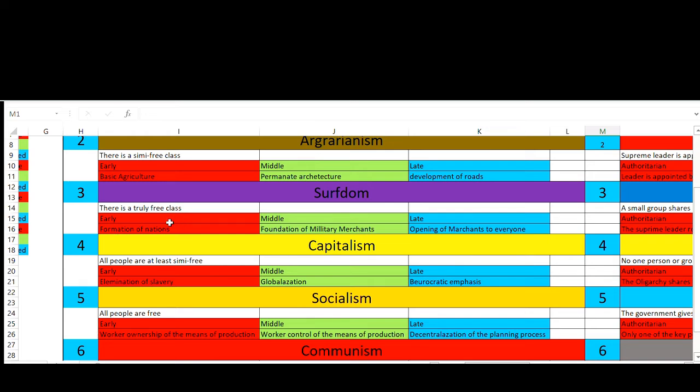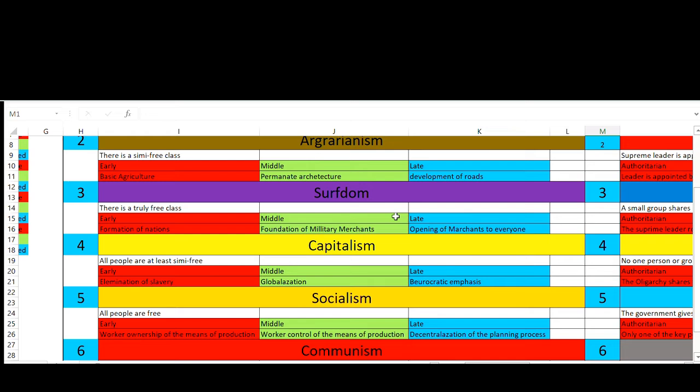We then have middle serfdom, which is the foundation of military merchants. Basically, it's the idea that conquest and trade should be combined. So you've got merchants that have little armies, and they go around and conquer people, and when they plunder people, they take that plunder and trade it, and that's what a military merchant really is.